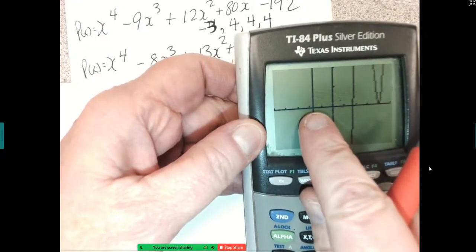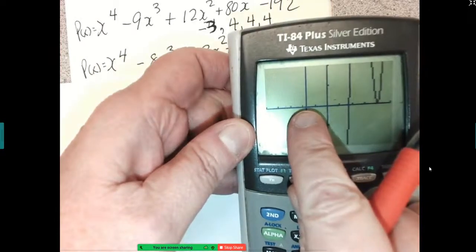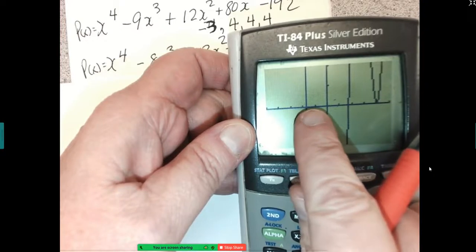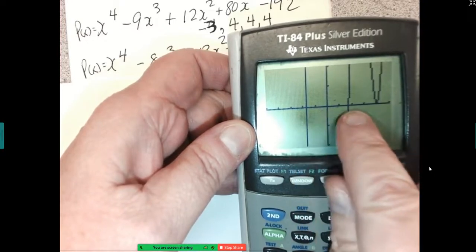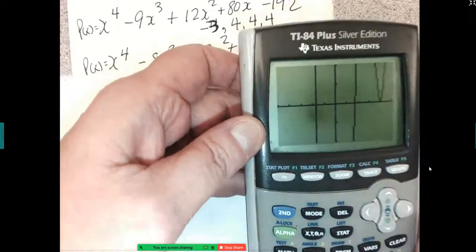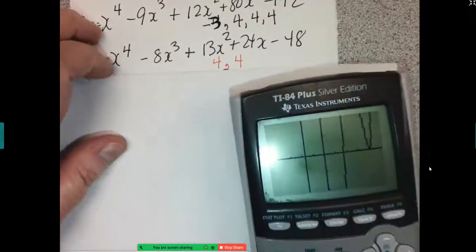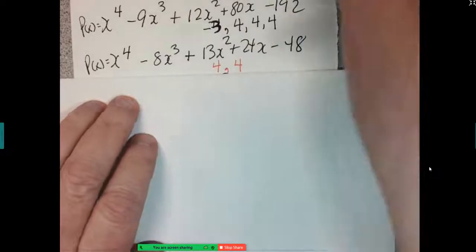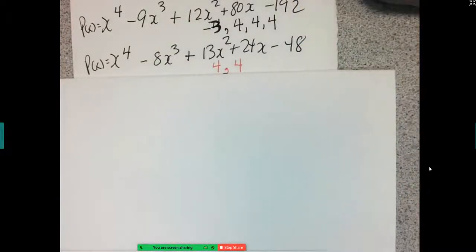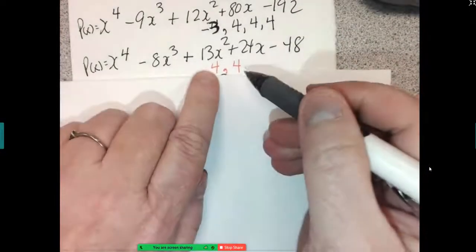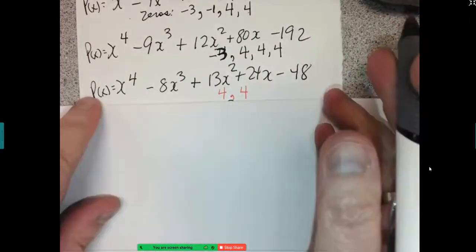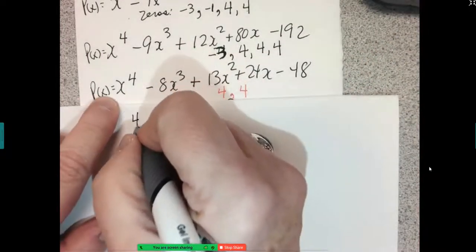And if they are rational numbers, can be written as a simple decimal, it's not going to be a 0.5 kind of thing. So to find that, I'm going to have to break this down with synthetic division. I know for sure that 4 is a 0 and it's repeated twice.